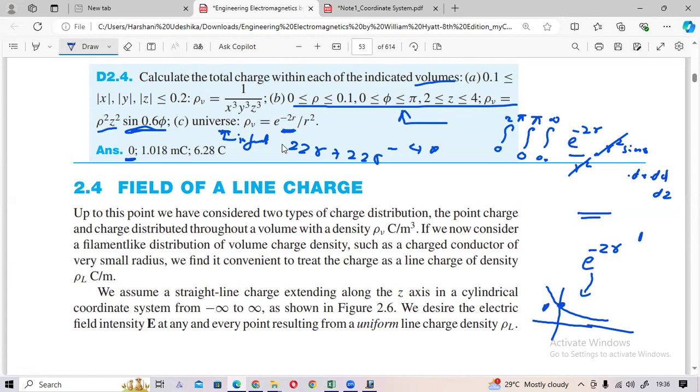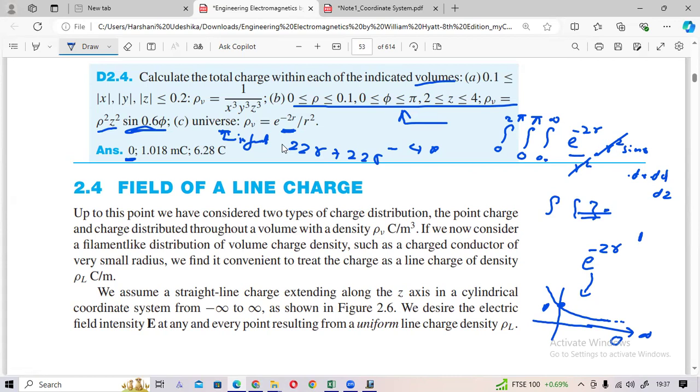And once it goes to infinity, what happens? This e to the power minus 2R will become 0. So once you integrate with respect to R, you will get a finite value.